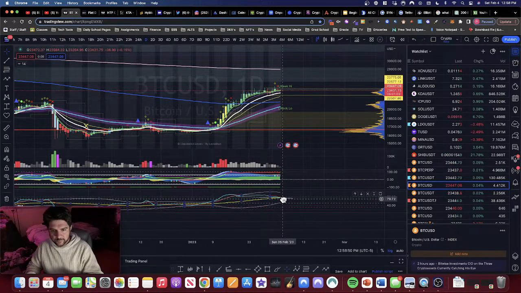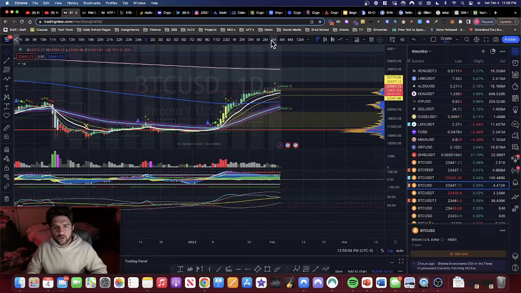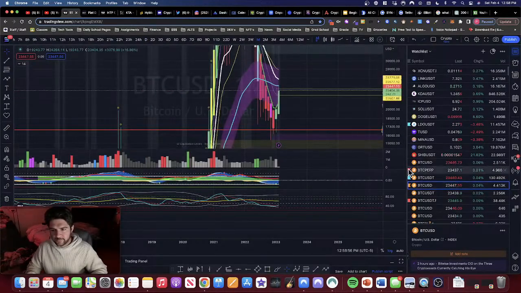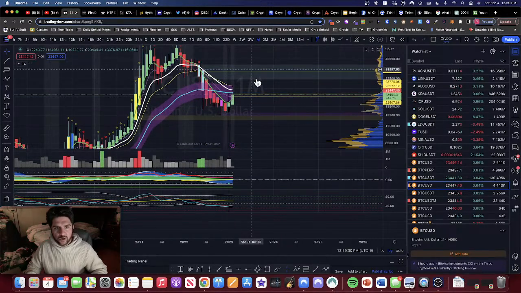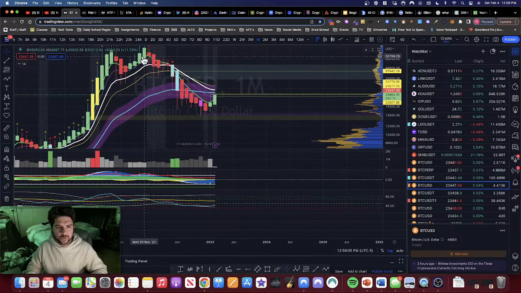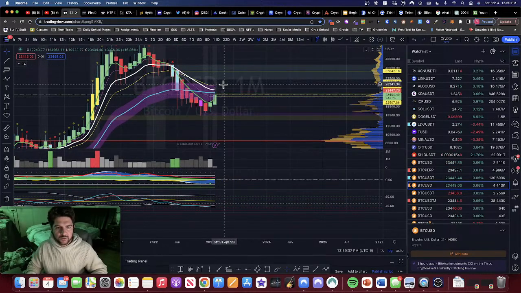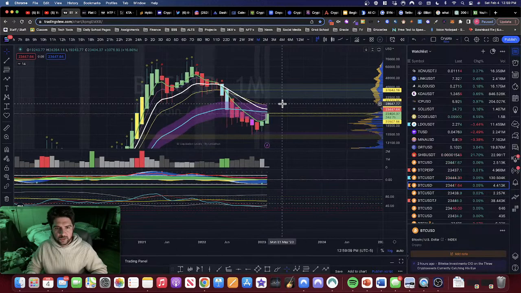But this is why it can be so difficult. When you go, let's say, to your monthly, it looks like you're starting a strong uptrend. They got a lot of momentum to the upside. This was a huge drop; you're going to get a retrace, there's going to be a stop hunt.